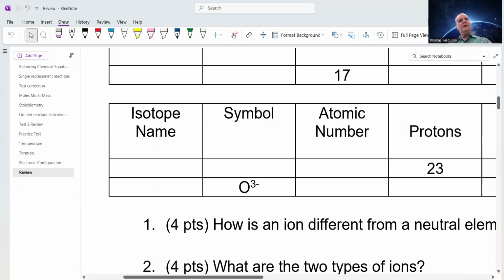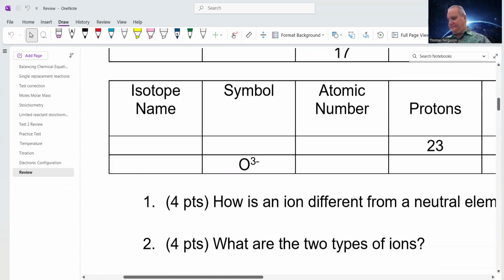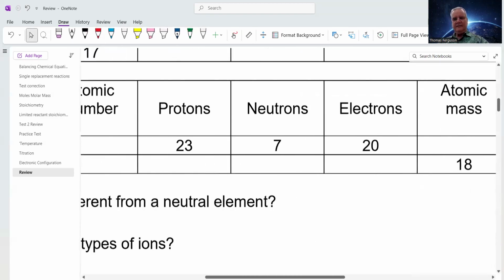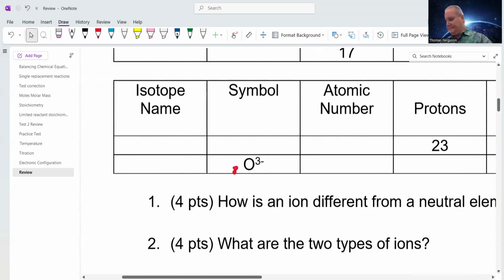When you do ions, you need to make sure you're doing it right, like with oxygen. What's the atomic number for oxygen? 8, right? So 8 goes down here, and then you look at the isotope, 18.